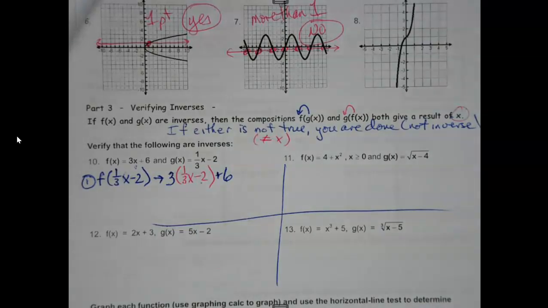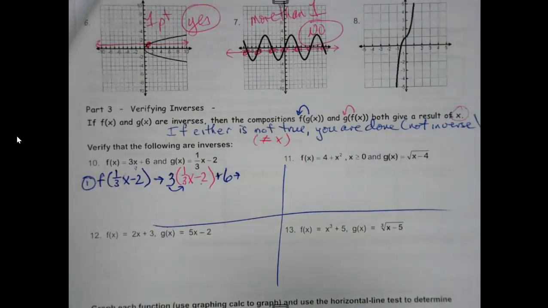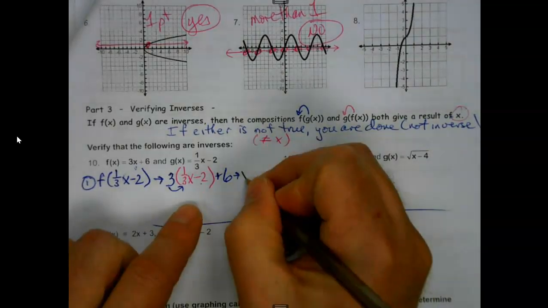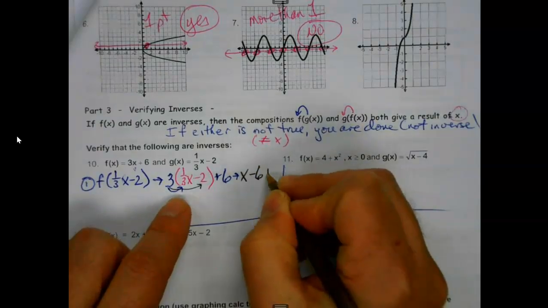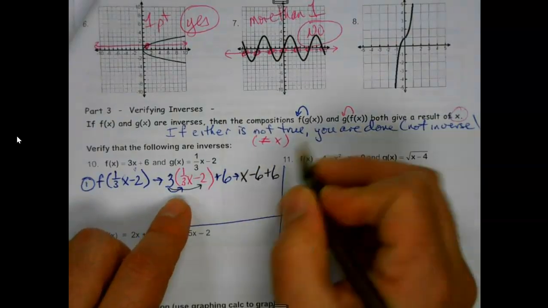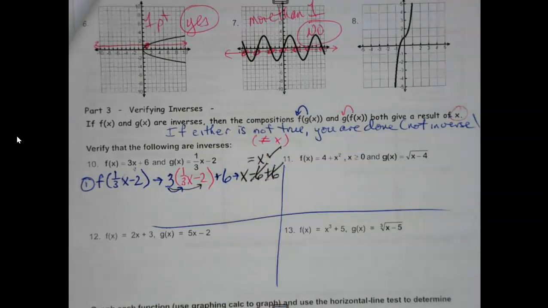And now I'm going to simplify. So 3 times 1/3 x is x. 3 times -2 is -6, plus 6. Those cancel. I get plain old x.